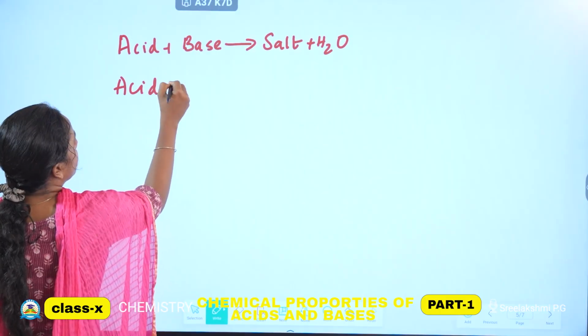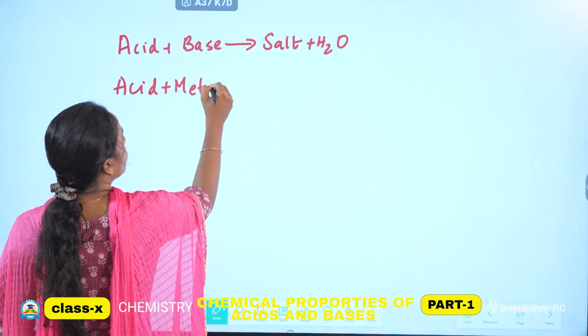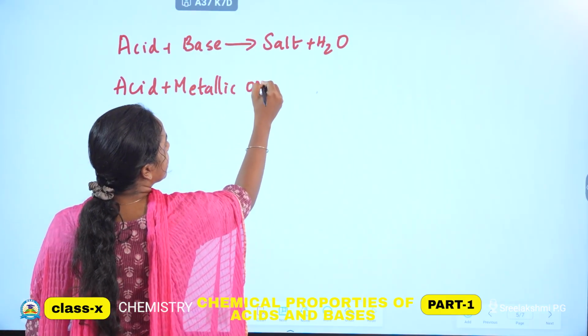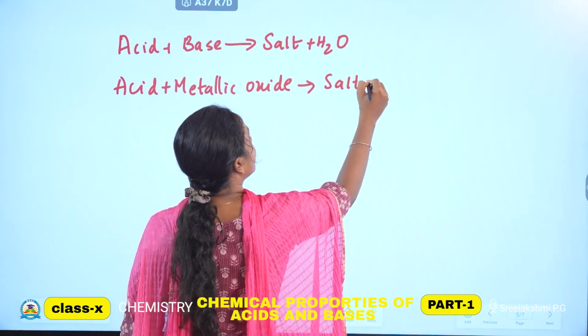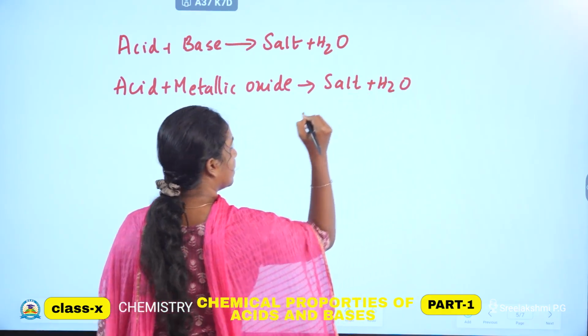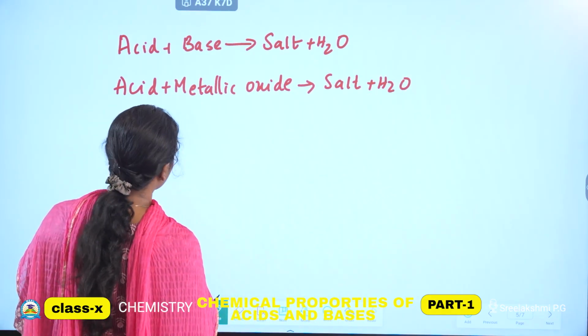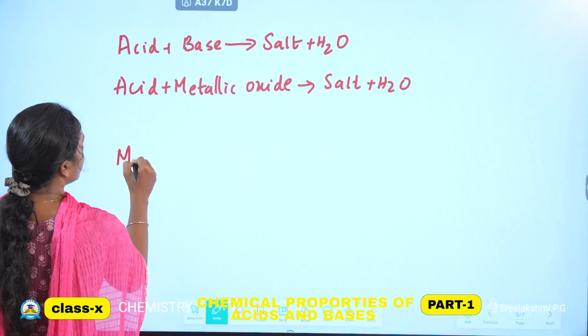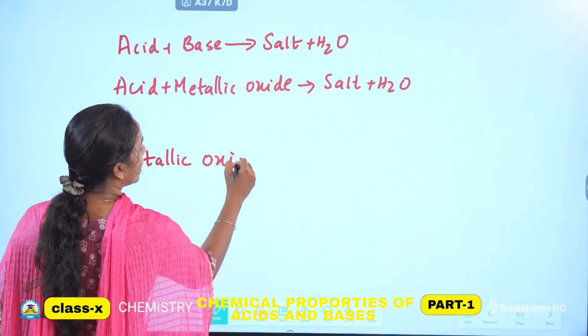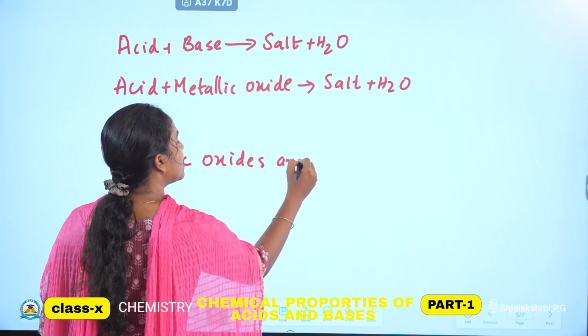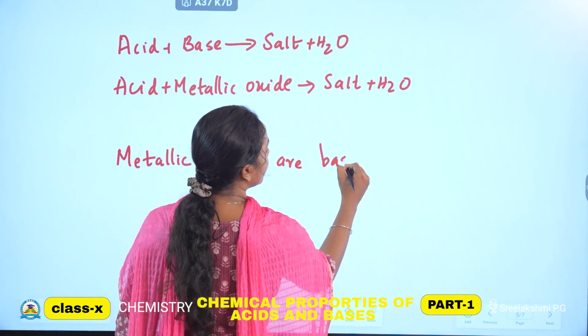Acid plus metallic oxide will give salt plus water. So we can say that metallic oxides are basic in nature.